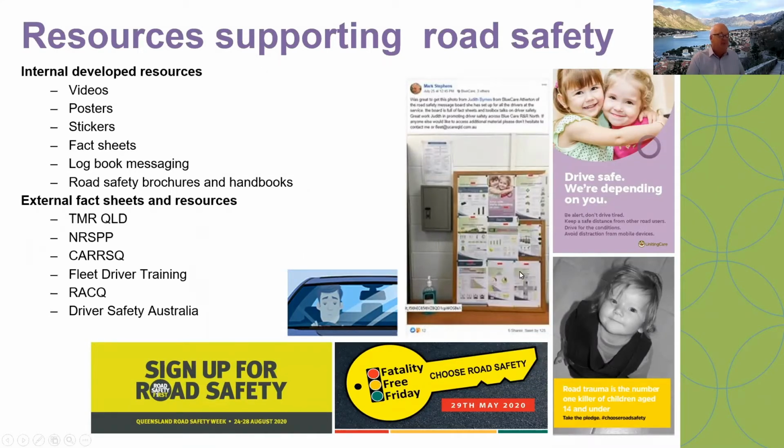And this is up in the Atherton Tableland, actually, at one of our services up there, where a staff member put together a notice board with NRSPP fact sheets, and our poster there. There's a range of resources there.